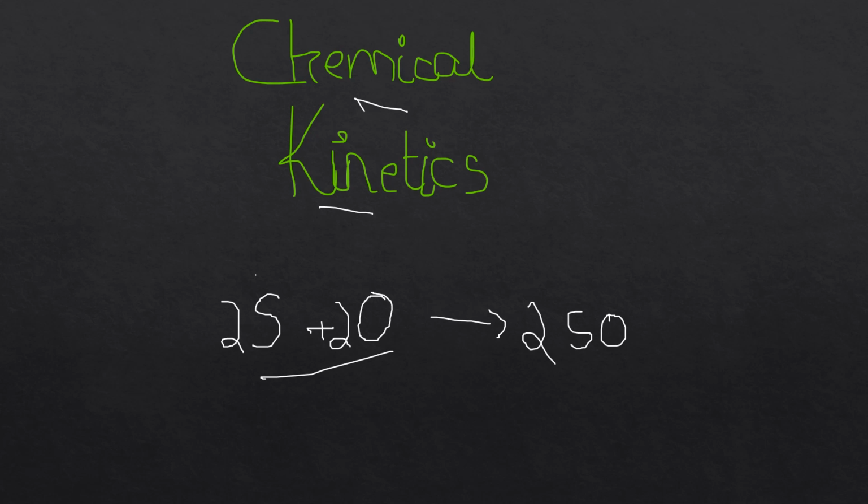But in chemical kinetics we work on how this 2 reacts with this 2 and produces this 2. Basically, it is based on practical and experimental assumption, but stoichiometry deals with the theoretical part.